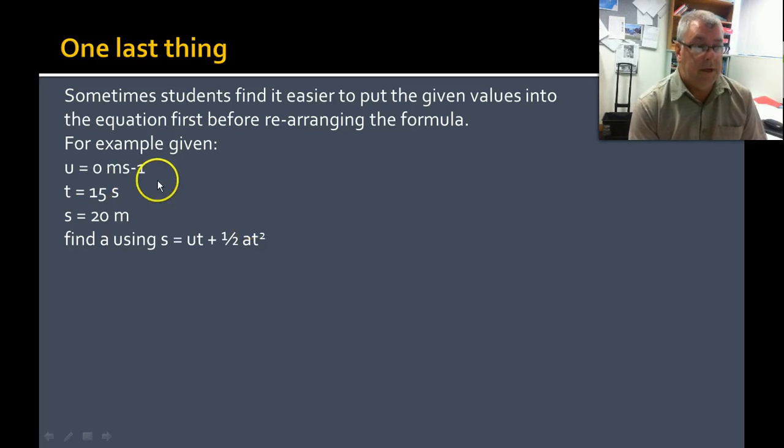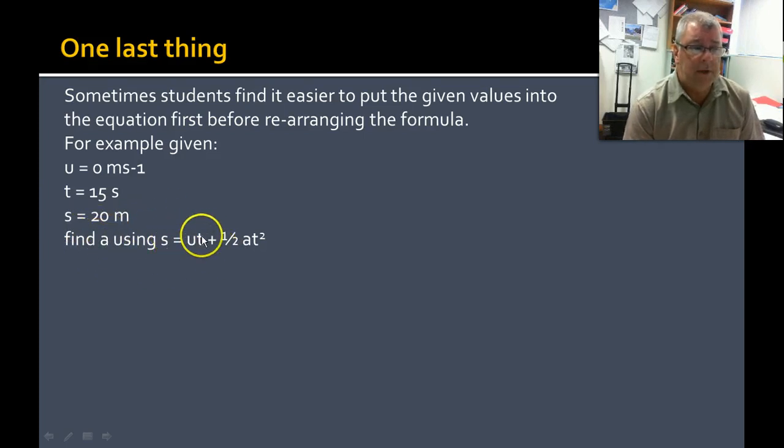For example, you might be given a question, and one of the things I teach you to do is list the quantities that you are given, and then work out what equation to use. In this case we're given an initial velocity, which is u, a time, and a displacement. S stands for displacement. And we want to use this equation here because we want to find a.